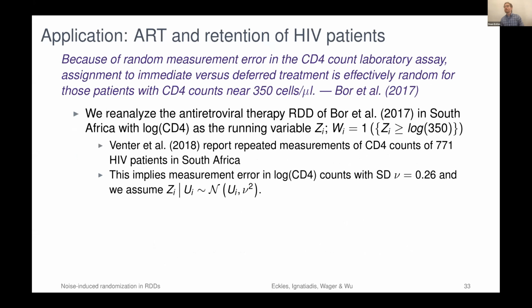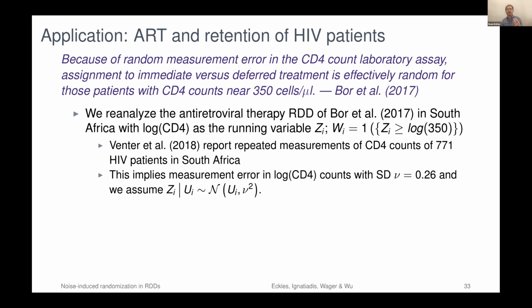So here we're going to return to this application where if HIV/AIDS patients have CD4 counts below 350, they're going to be immediately given antiretroviral therapy as opposed to with some delay. We're going to reanalyze this RDD that occurred in South Africa. What we're going to bring to bear on this is some additional data from Venter et al., who have repeated measurements of CD4 counts of HIV patients also in South Africa.